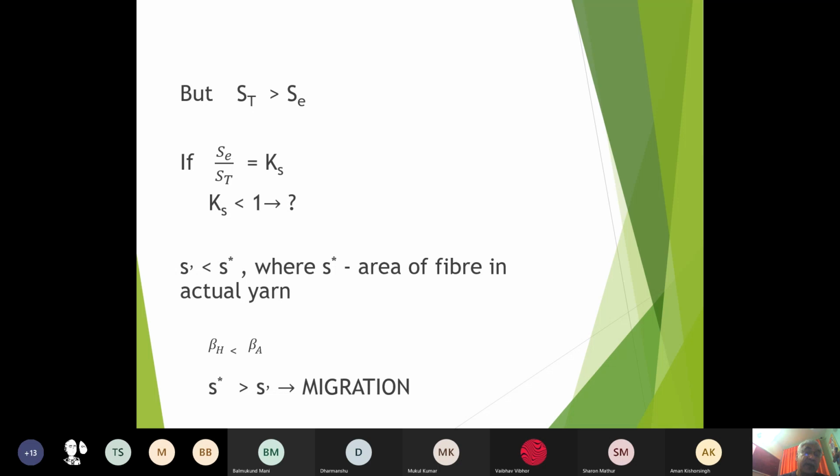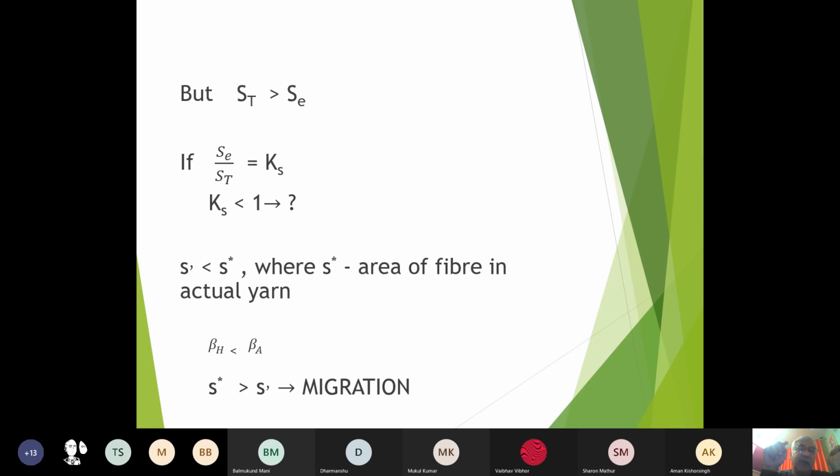Because if this Ks is reaching towards 1, what is it indicating? Again, it is indicating that the number of fibers in the yarn cross section is increasing. The moment my fibers are straight and parallel, it gives more fibers in the cross section. Here you have to be a bit careful. SE depends on two factors: the number of fibers in the cross section, and the average area of the individual fiber.